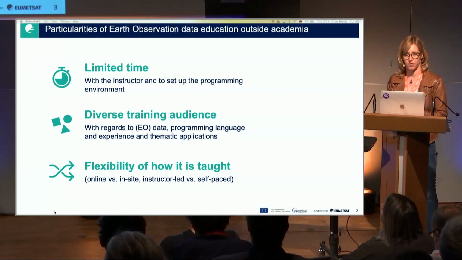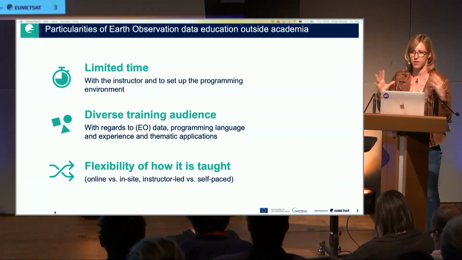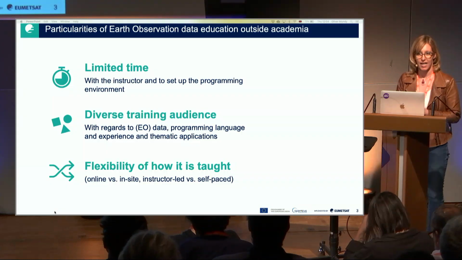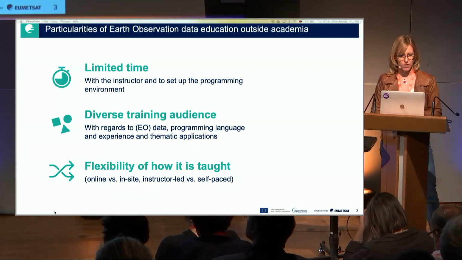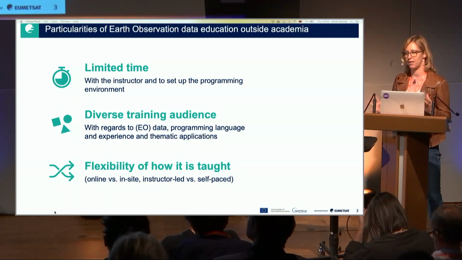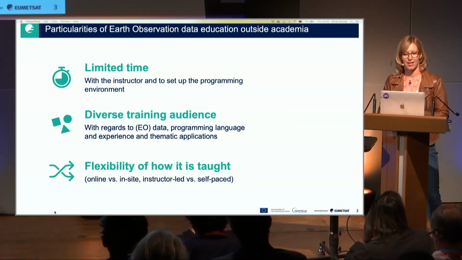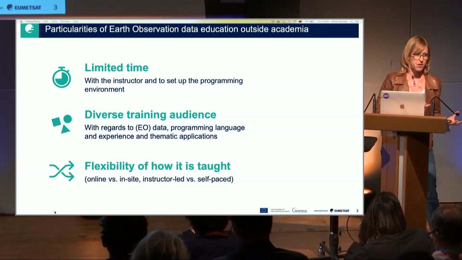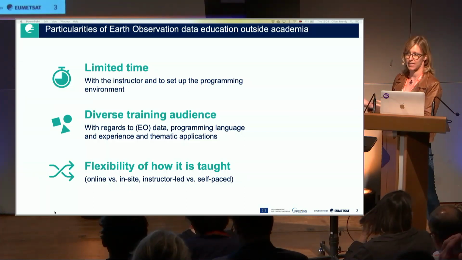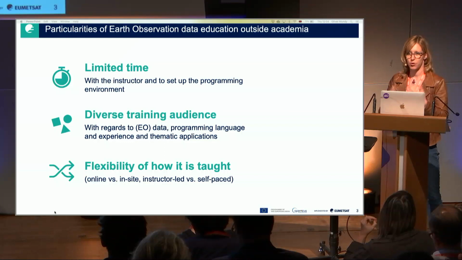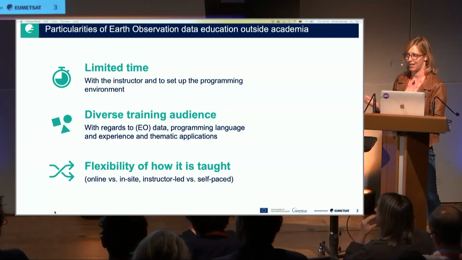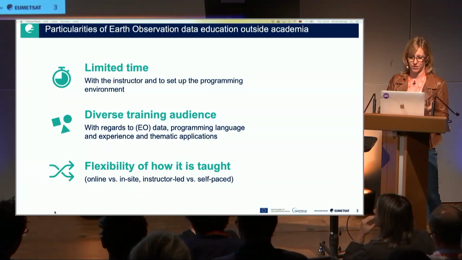It started in 2014, and it produces terabytes of data every day to be used. And so we also have an increasing amount of training that is coming not only from universities but also from data providers themselves, because we want users to use the data and to also learn how to use the data.